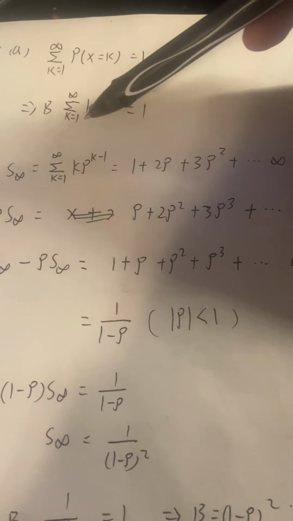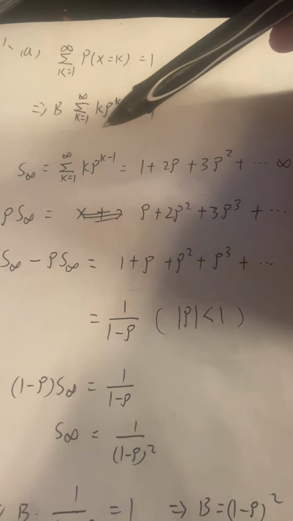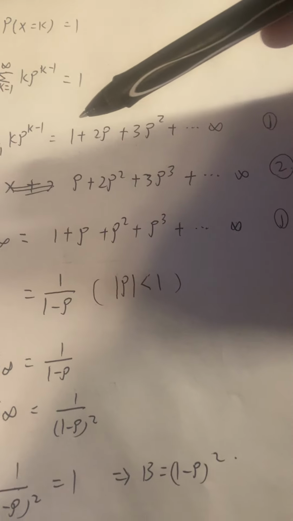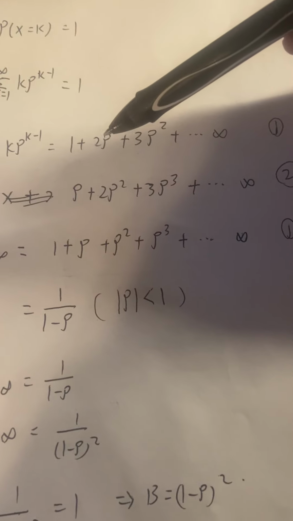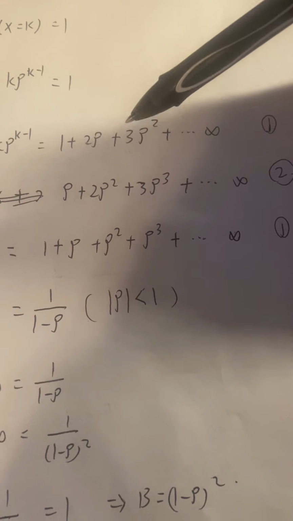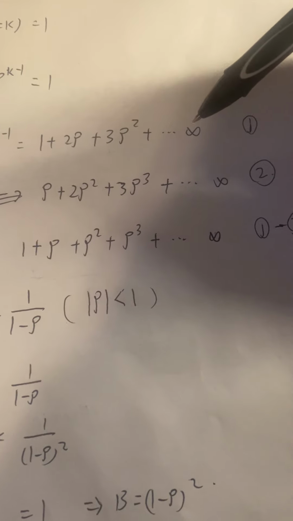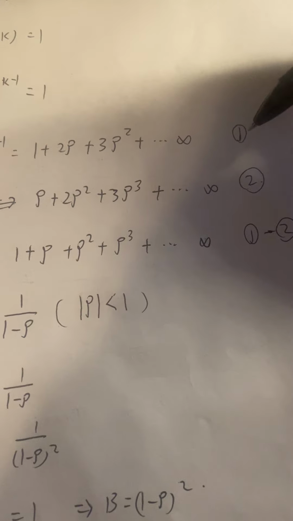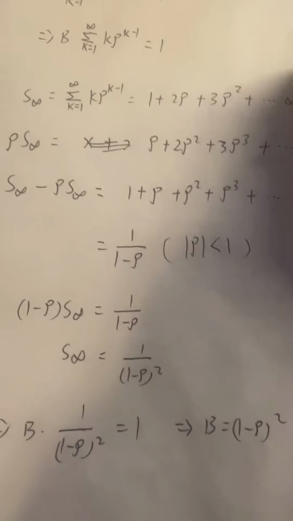Let this sum be S infinity, and it will be 1 plus 2 times p plus 3 times p squared and so on to infinity, and this is the first equation.